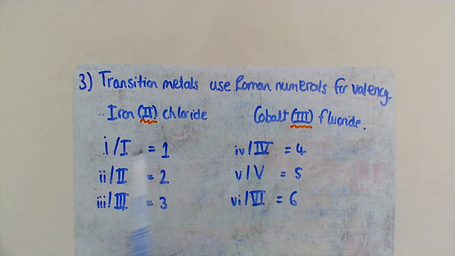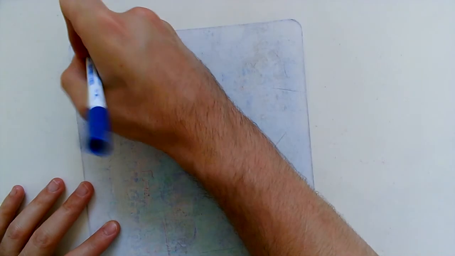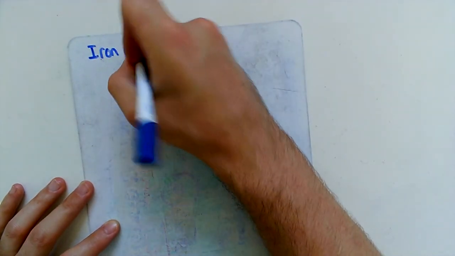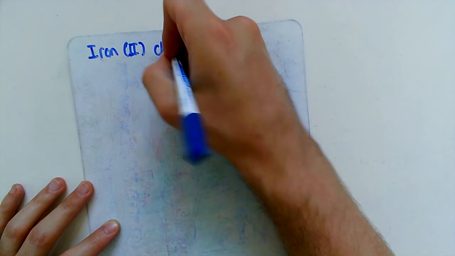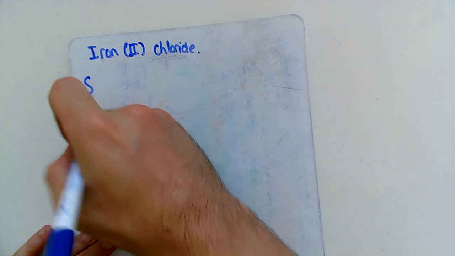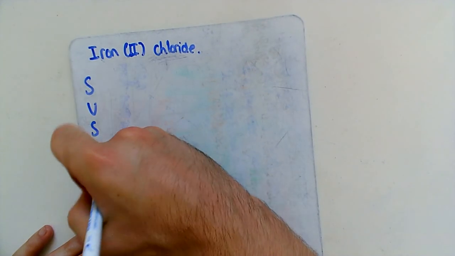Now, once you've worked out what the valency of the transition metal is, you just follow the same procedure as before. So we'll do a couple of examples. The first one we'll do is iron 2 chloride. Now we do the SVSDF method.